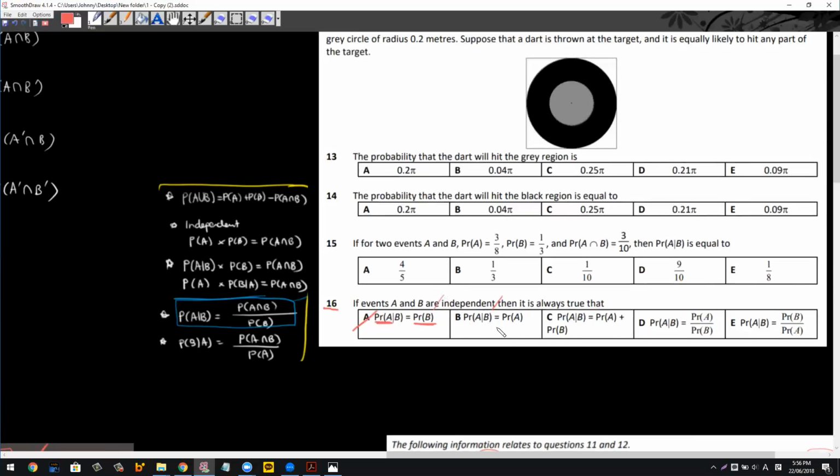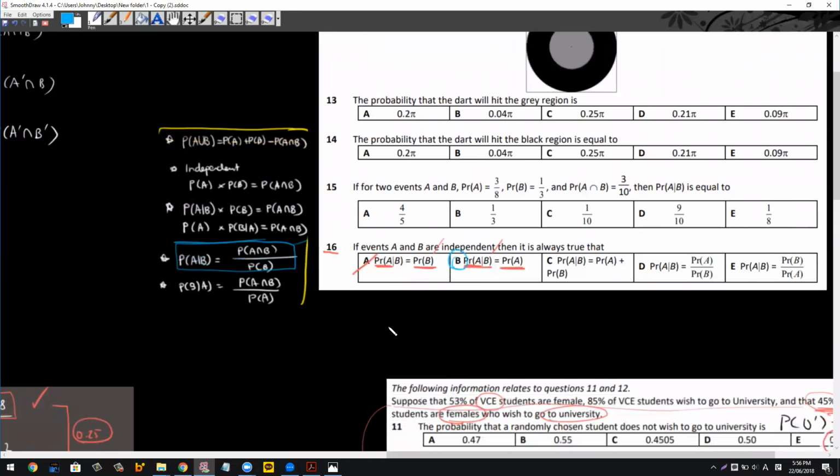Here, this is saying probability of A given B, which is probability of A in essence, is equal to probability of A, and that is actually the correct answer. The reason is, have a look.